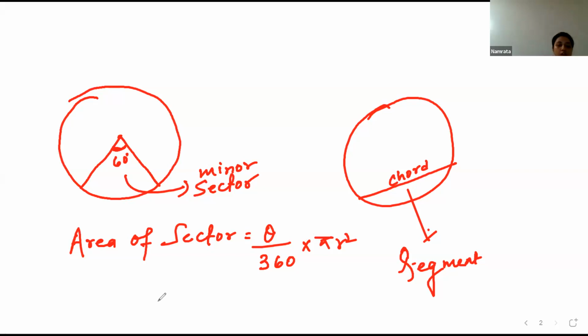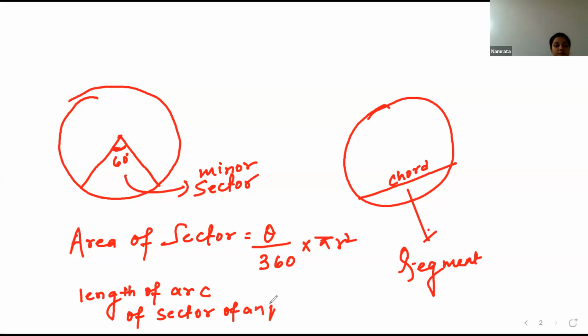Now the length of arc of sector of angle theta is equal to theta by 360.